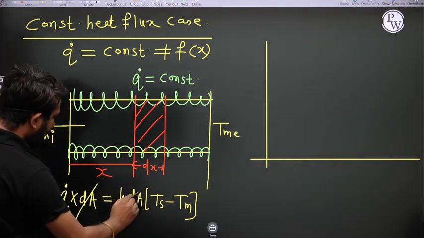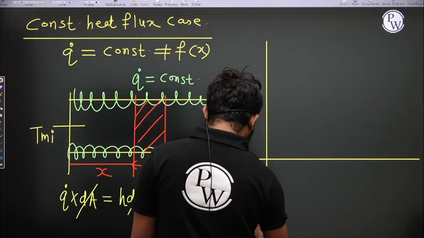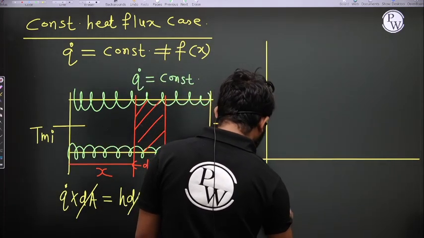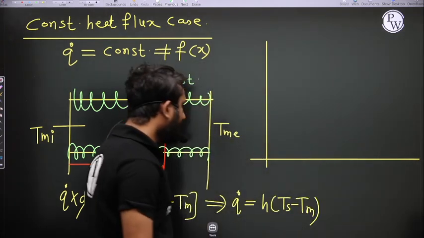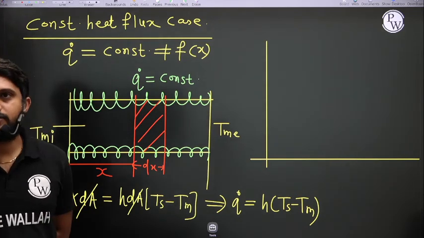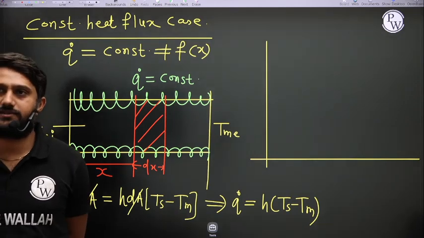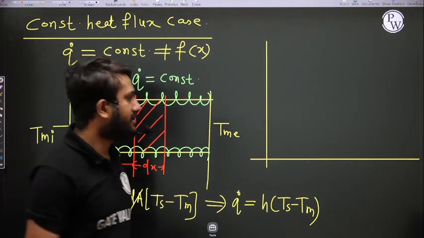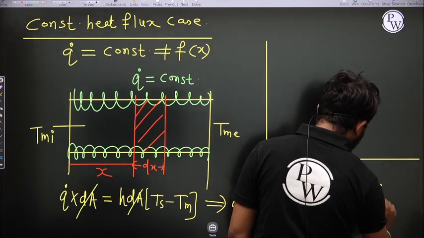So see, dA cancels out from the energy balance, and Q dot is equal to H into Ts minus Tm. We know that in the developed region, H is constant, so Ts minus Tm is constant, right.